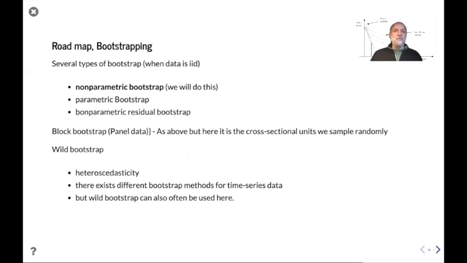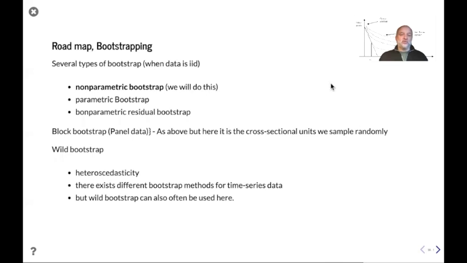I'm just saying this to say there are many different types of bootstrap, and I'm going to focus on the non-parametric bootstrap. There are also other types of bootstrap like the parametric bootstrap or a residual bootstrap, and then there's a bootstrap for panel data.